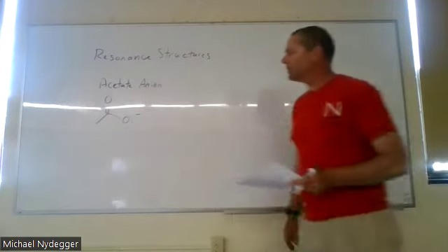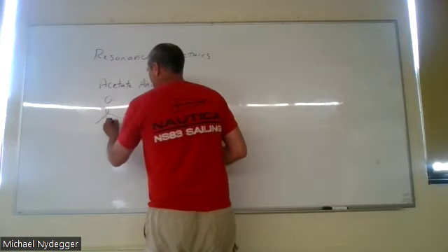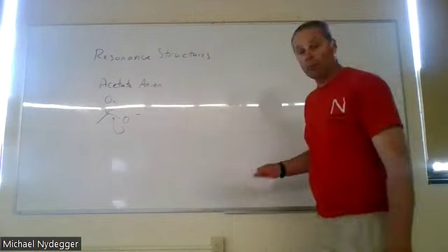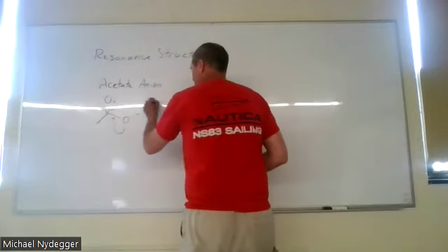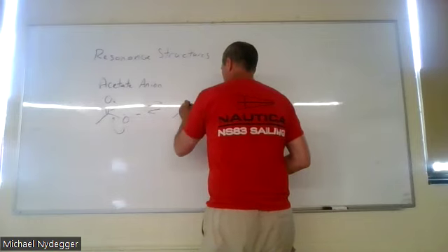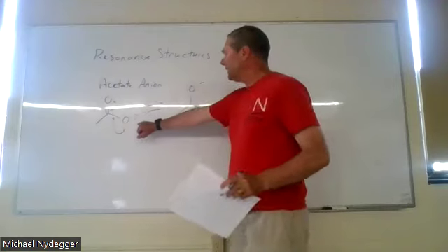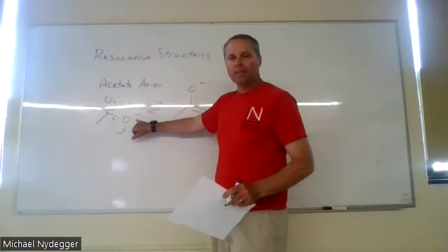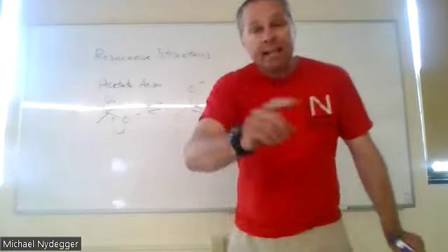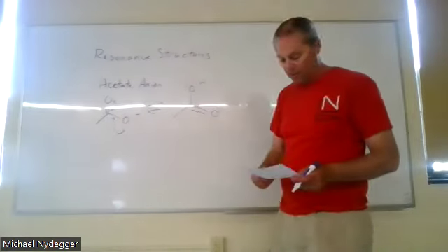Now this is why this is so stable. We now have a negative charge on this oxygen. A lone pair can go there, causing one of the double bonds to kick up there. Hopefully you start to see a pattern with these carbonyls. All we've simply done is move the negative charge from this oxygen to that oxygen. In essence, we've taken that negative charge and distributed it among two atoms.